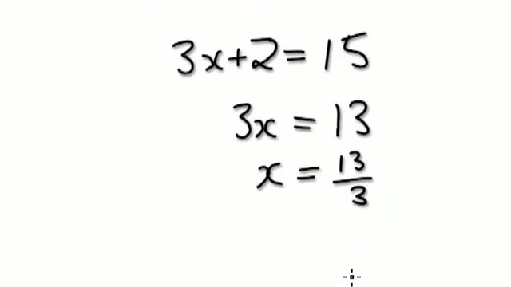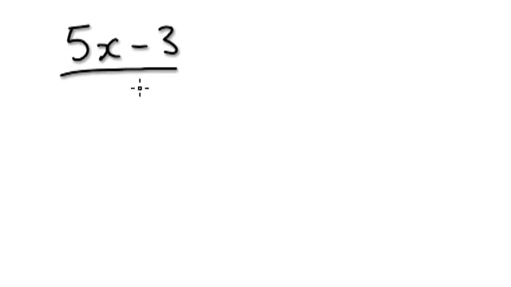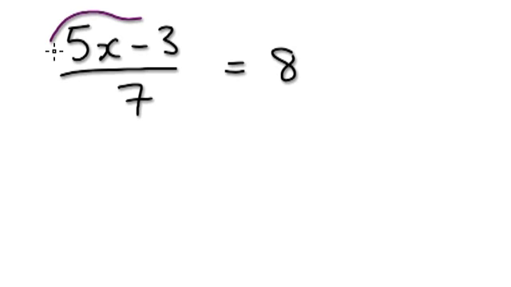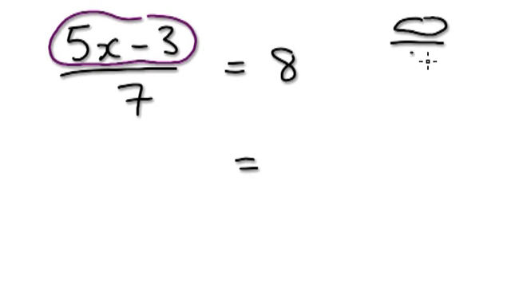For example, let's say 5x minus 3 over 7 equals 8. Visualize it as this. Basically, kill off the 7. So inside your mind, times both sides by 7. You've got a bubble over 7, and then you times 7.